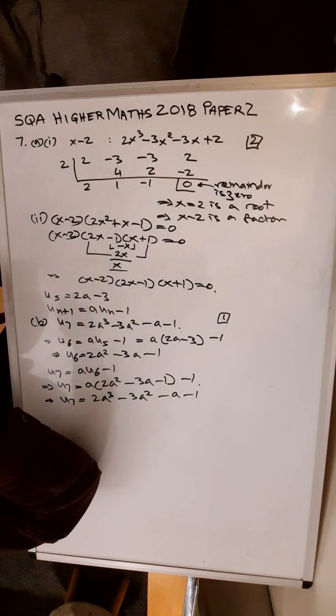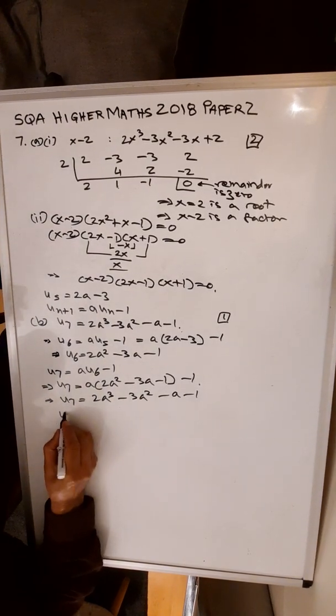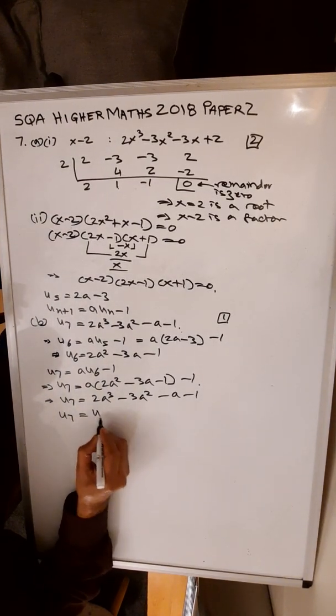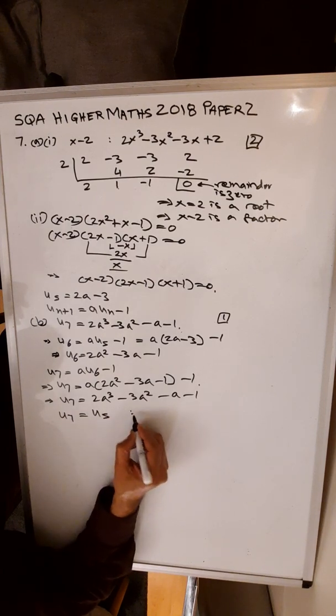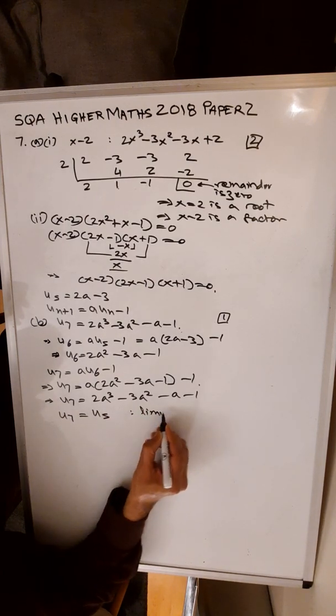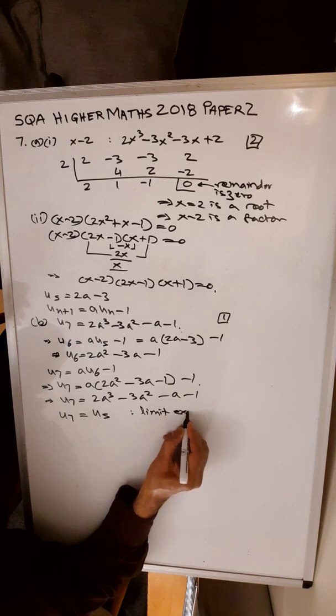For this sequence, it is known that u7 is equal to u5 and a limit exists. So you are told that u7 is equal to u5 and a limit exists.